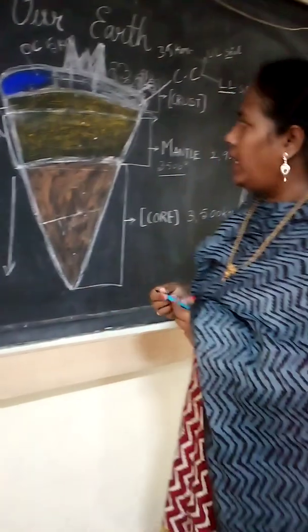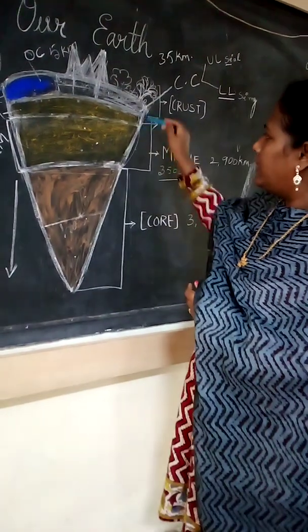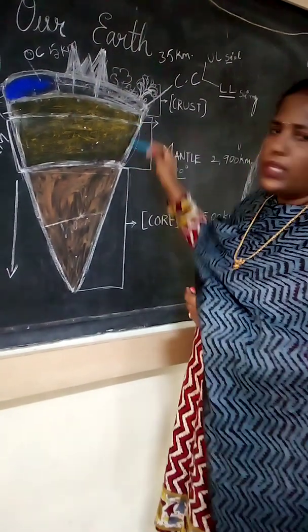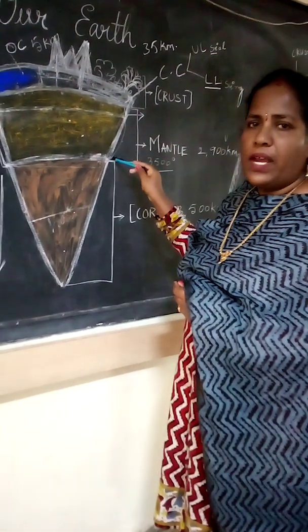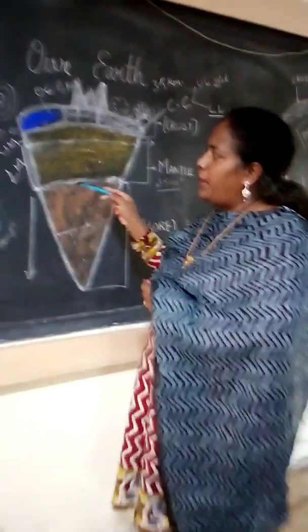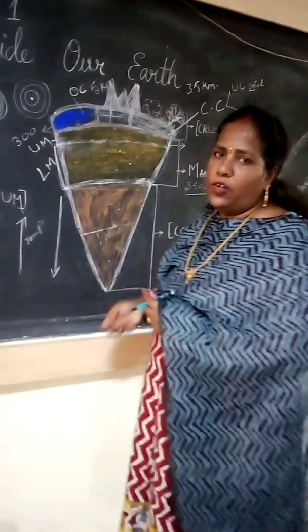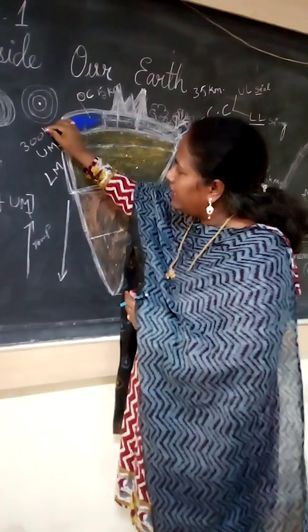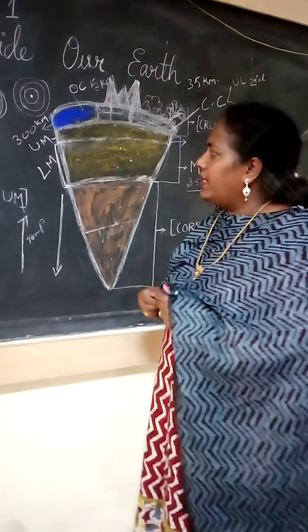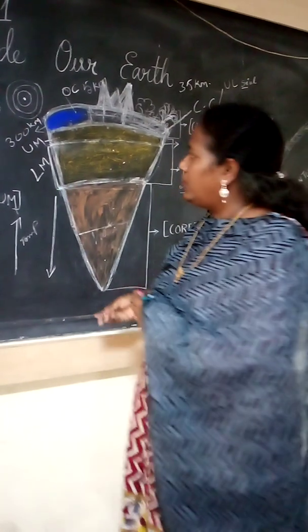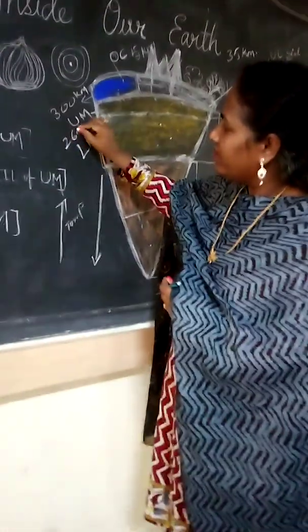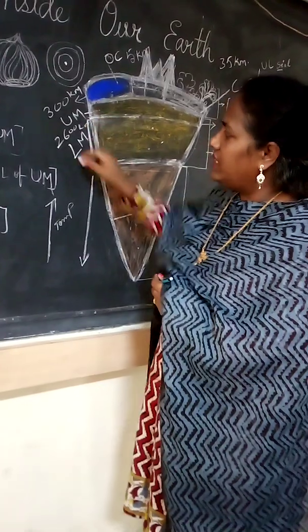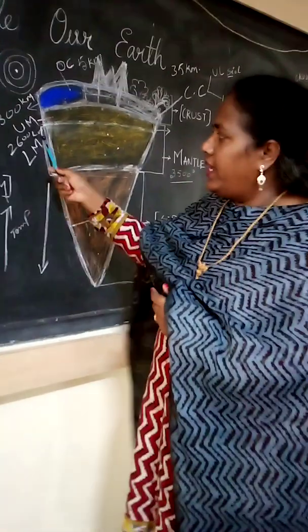The total thickness of the mantle is 2,900 kilometers. The upper mantle is 300 kilometers. The remaining is lower mantle, that is 2,600 kilometers. This is the thickness of the lower mantle.